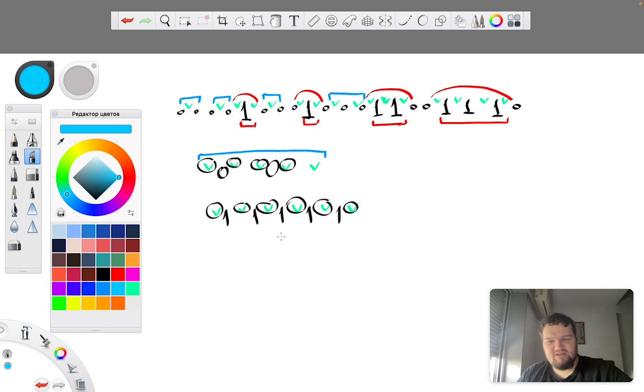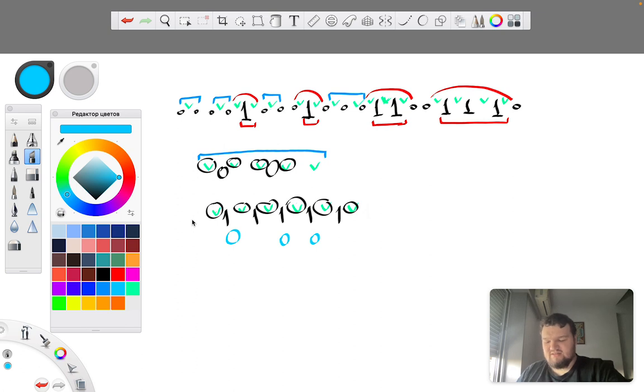If we just change some ones to zeros, like in the middle, basically we're freeing only pairs that are between zeros or on the outside.